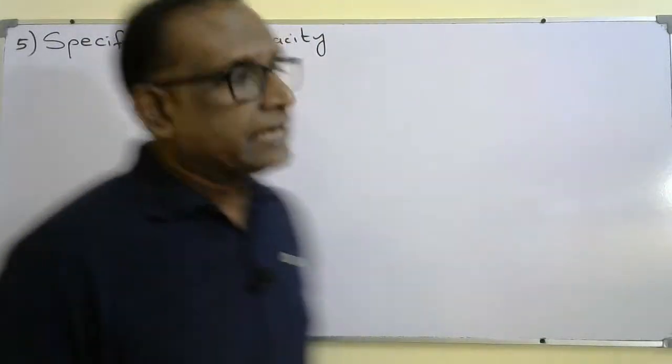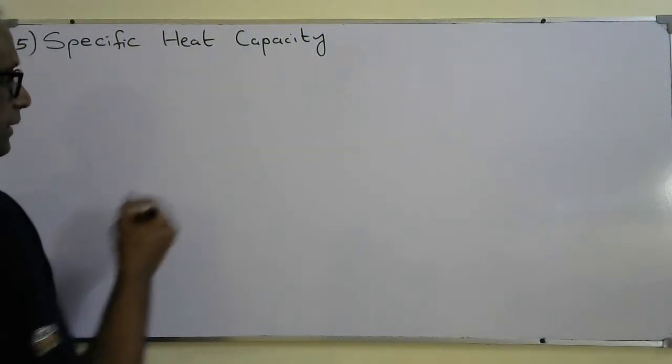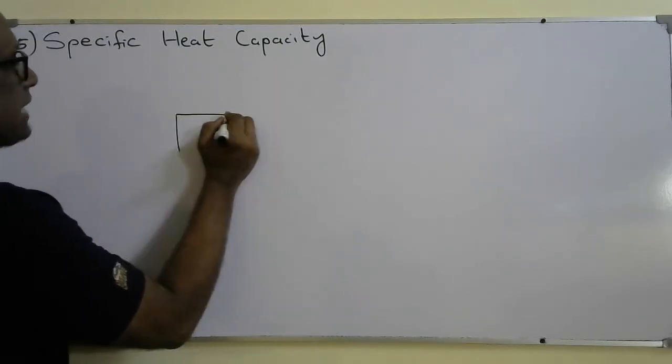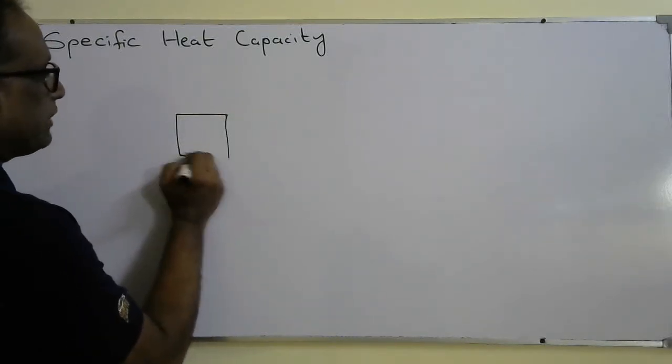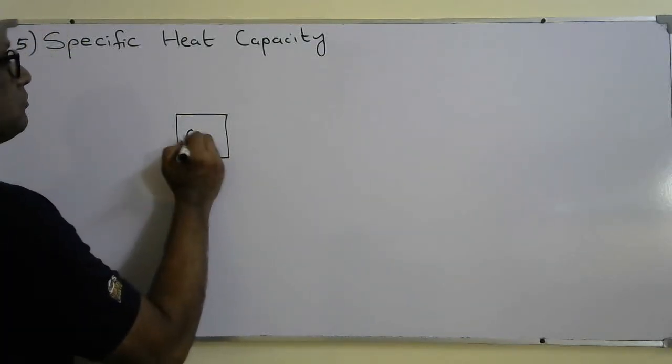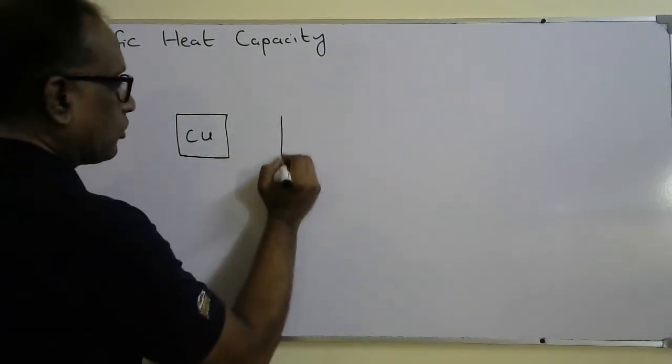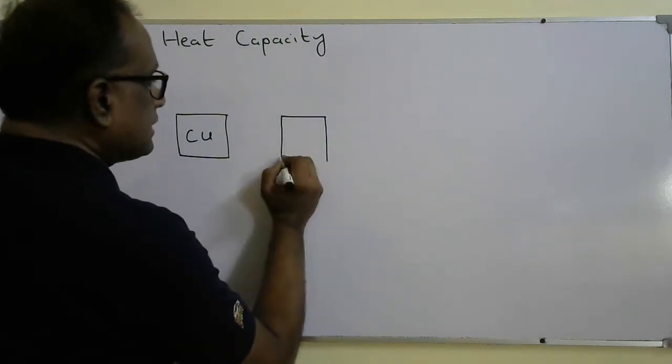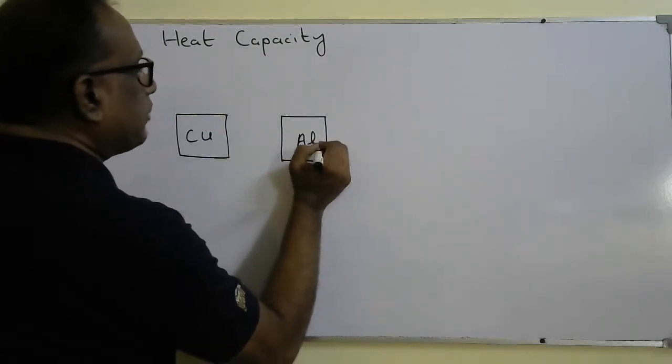For example, we'll think about a simple experiment. You are given the same mass of two different types of metal blocks: this is 1 kilogram of copper block, and this is 1 kilogram of aluminium block.